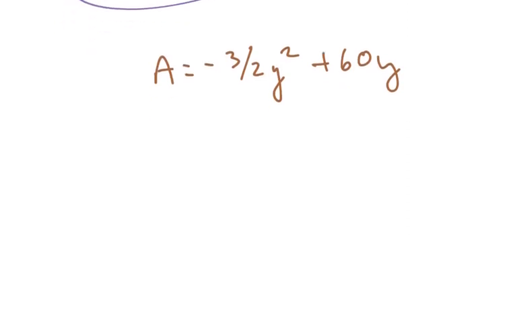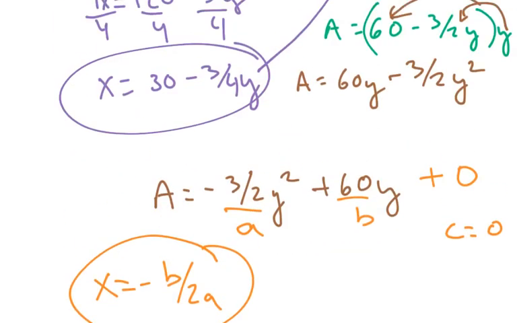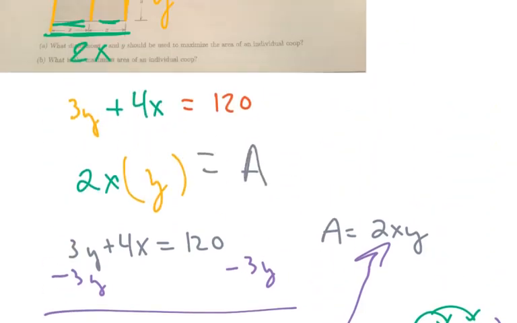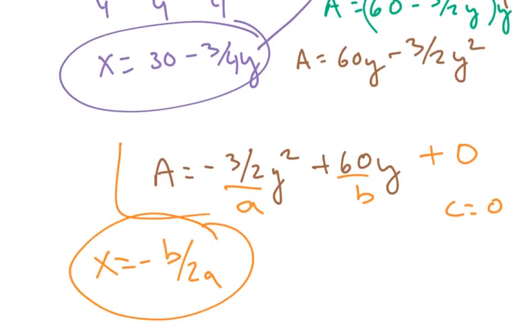Now, if you recall, there's a formula we learned, which is x equals negative b over 2a, which refers to the x component of the vertex. I'm going to use this formula with these as a, b, and then c here is just going to equal 0. We don't have a c value, but c would be 0, so it's like plus 0. The intuition behind this is that what we end up getting with this area equation is a parabola that's upside down.